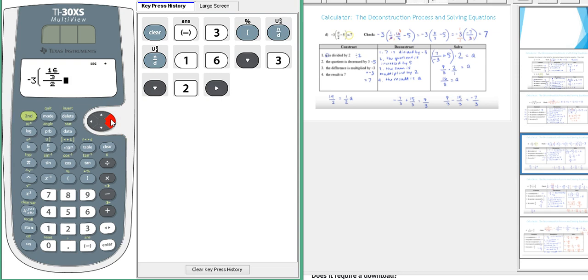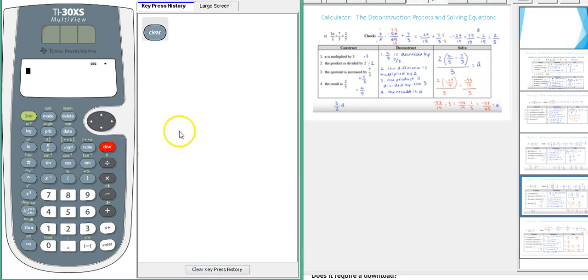Move outside this fraction within a fraction. I believe that says minus 5. So I'm going to subtract 5 and close the parentheses. I hit enter. The result is 7, and that's the right-hand side of this equation, so our solution checks.